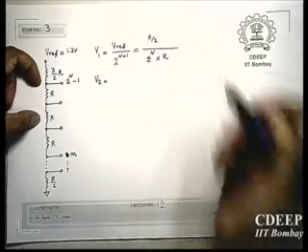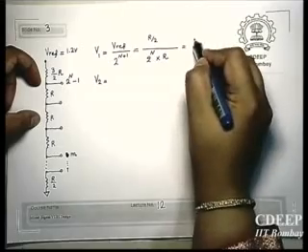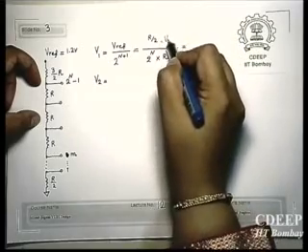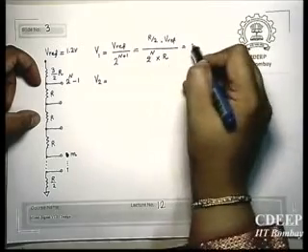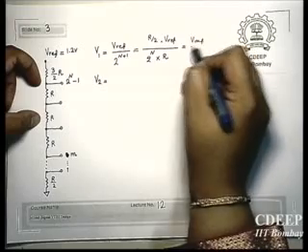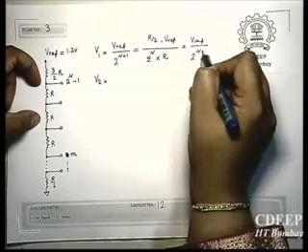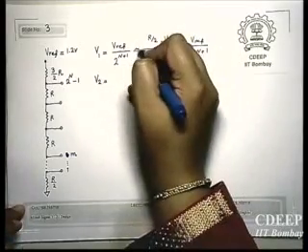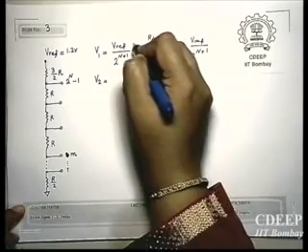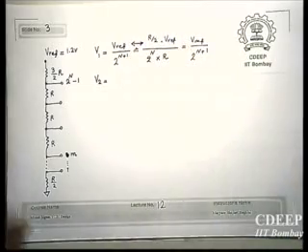All are R. So, therefore, you will get the same thing: Vref by 2 to the power n plus 1. It was just a proof to show it will be the same.